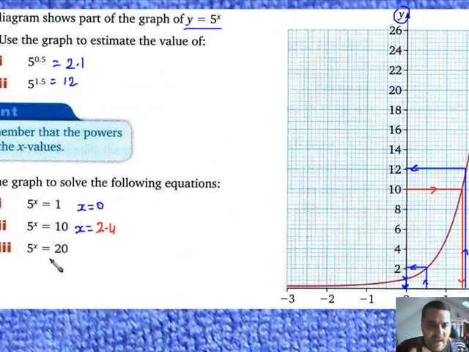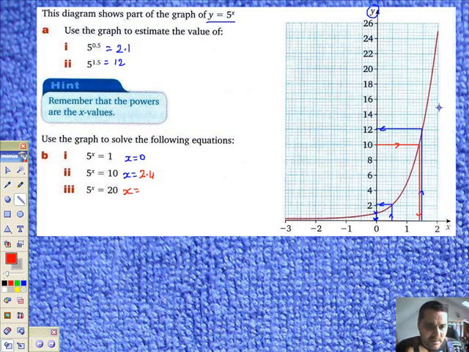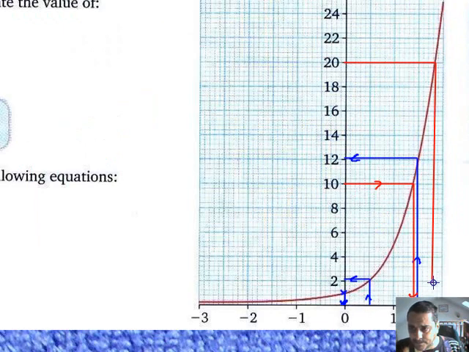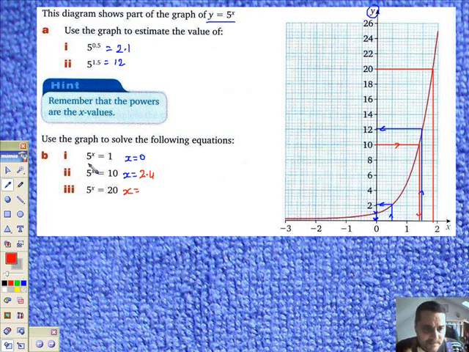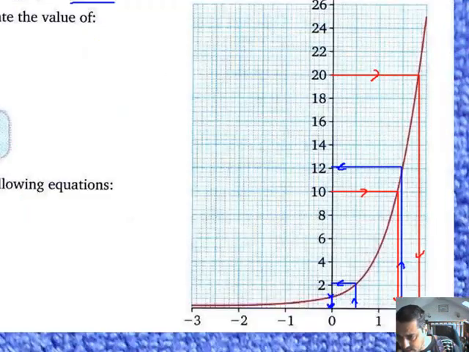There's your other arrow. And the next one, 5 to the power of what makes 20? Well, let's go up to 20 then, using the line facility. Hit the line, come straight down, about there. So I've gone across, hit my curve, and come down, and I make that 1 square before the 2, I think.